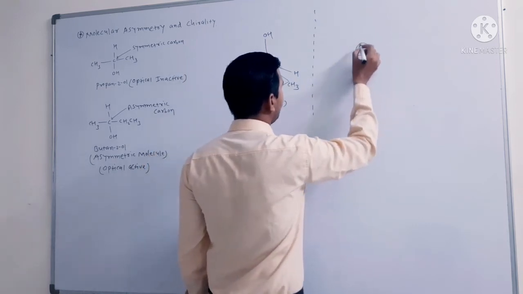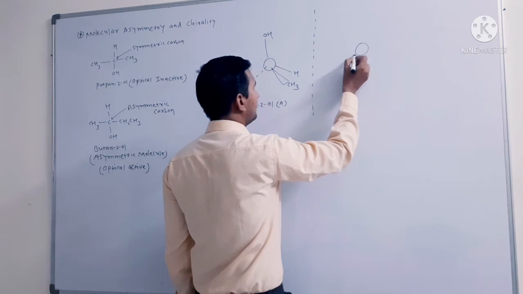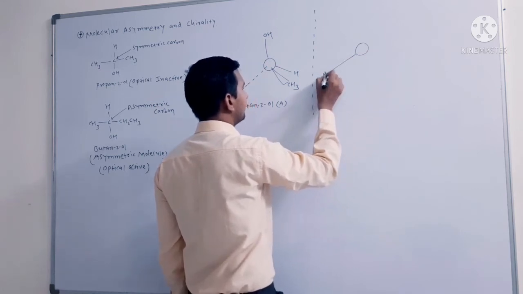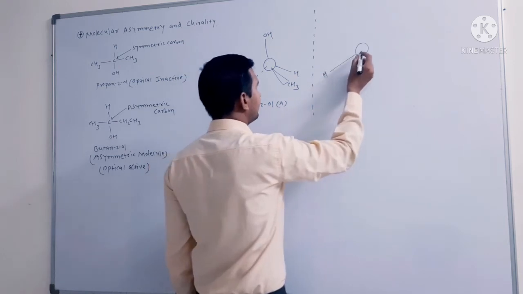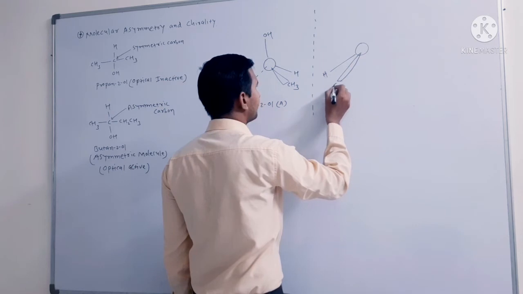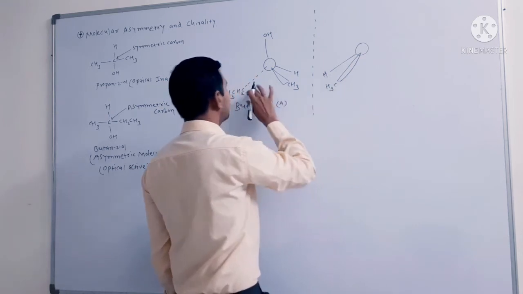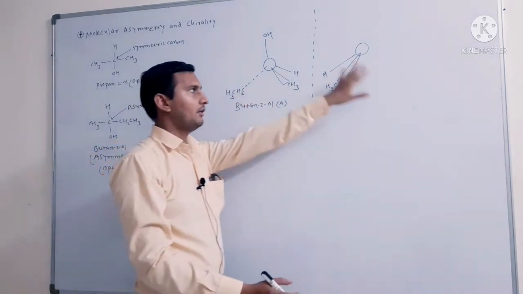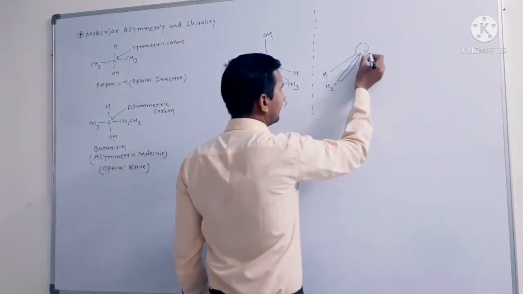This is the central atom carbon. Hydrogen is found towards the left hand side. CH3 is also found towards the left hand side. This is CH3, and this one is found towards the right hand side. Ethyl group CH2CH3 is found towards the right hand side.